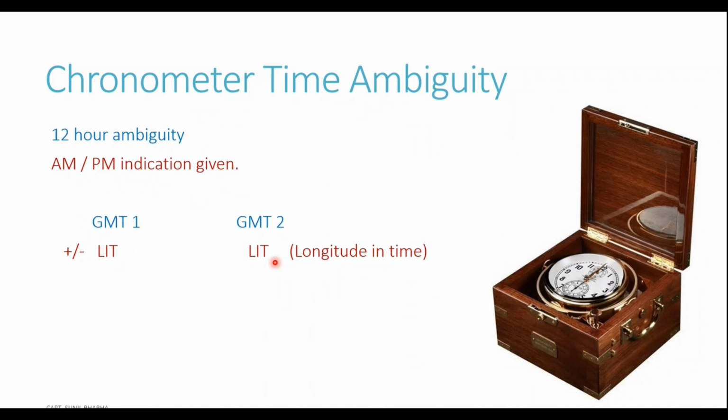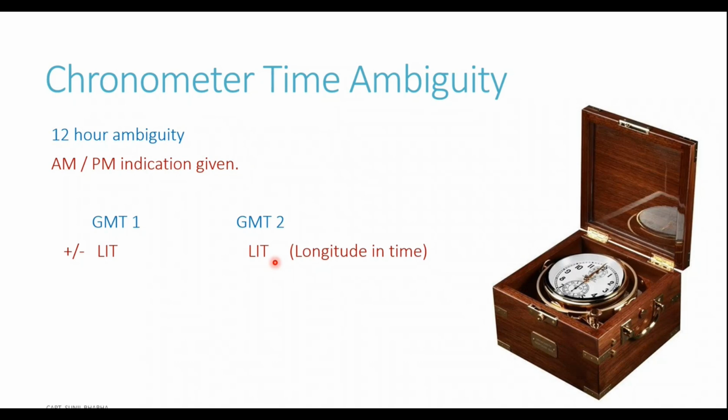So whatever longitude you have, if you divide that longitude by 15, it will give you the longitude in time. Now, from where do we obtain this factor of 15? We know there are total 360 degrees of longitude, and the Earth completes one round in 24 hours.